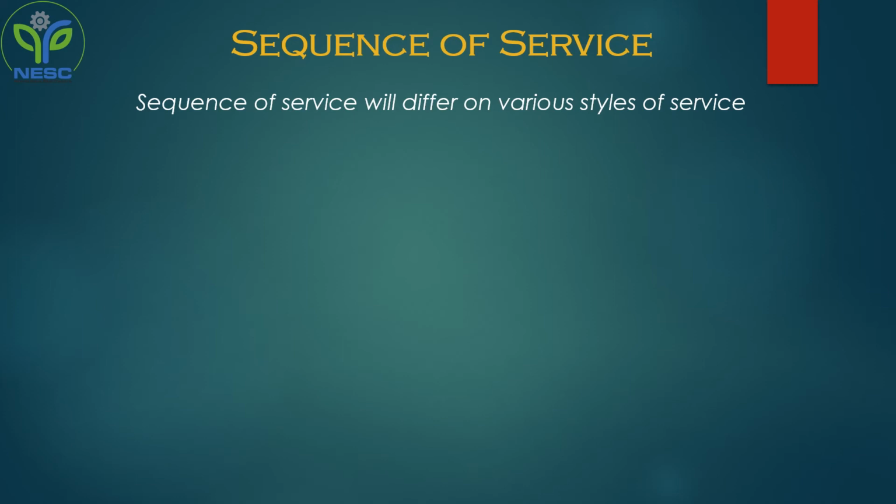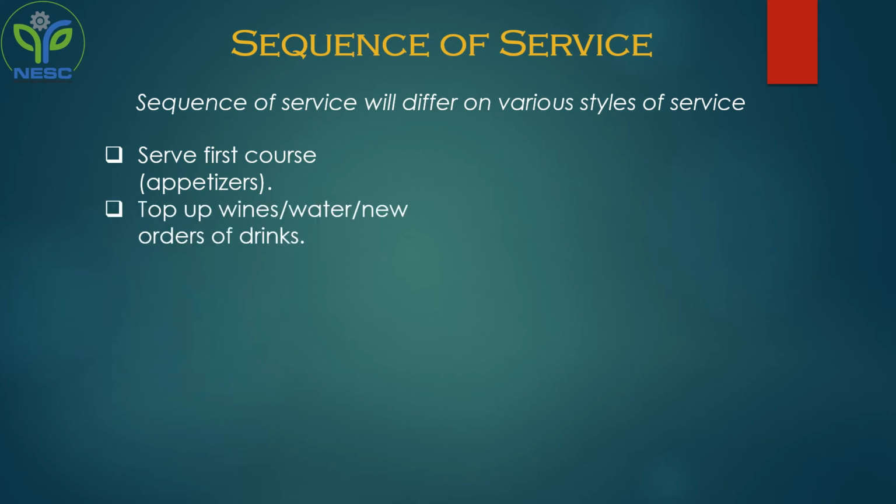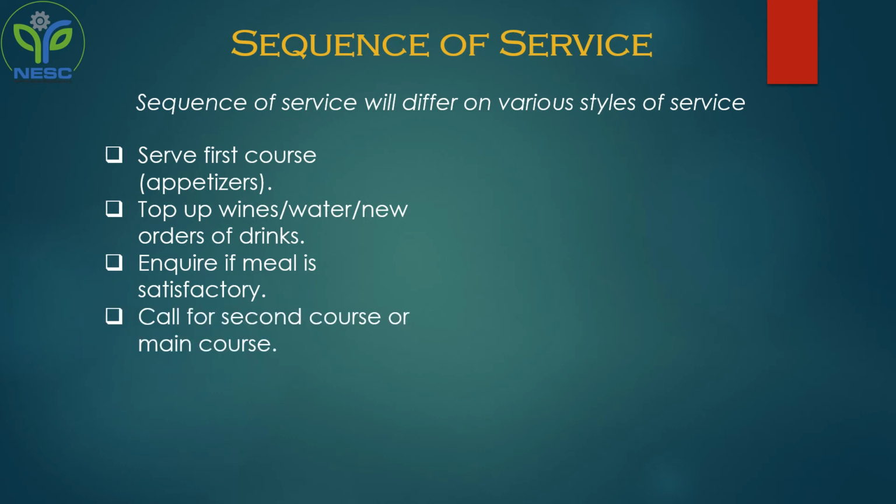Here is an example of sequence of service. So first, serve the first course, then top up wines, water, or any new orders of drinks. Next, we need to inquire if the meal is satisfactory and then call for the second course or main course.